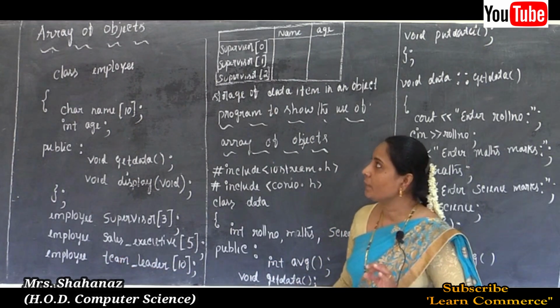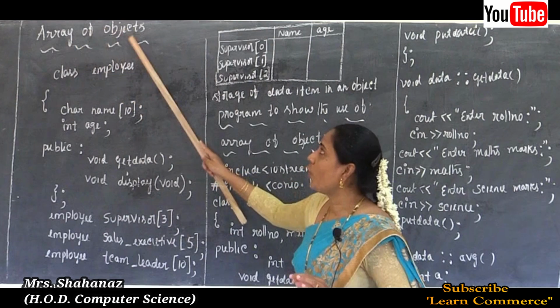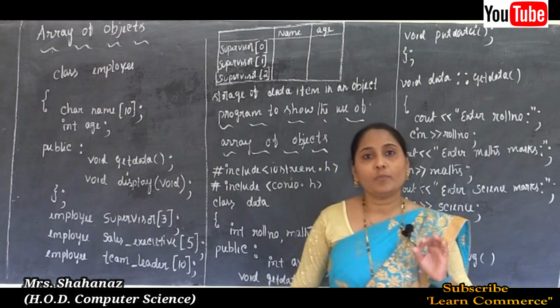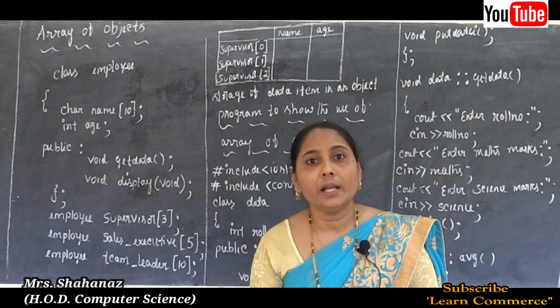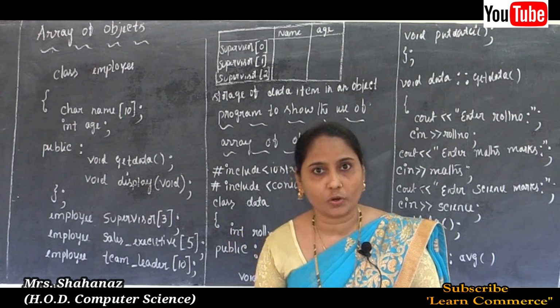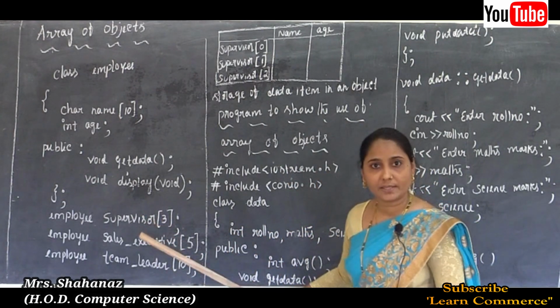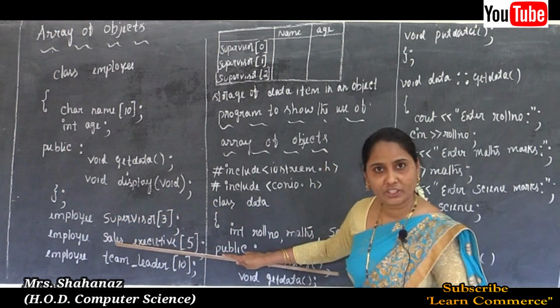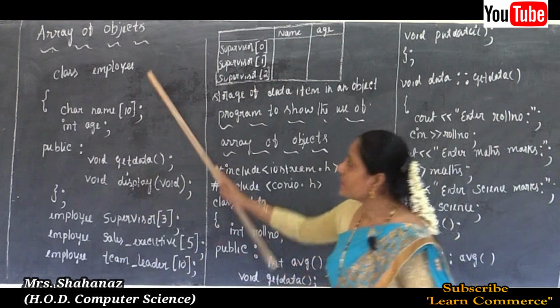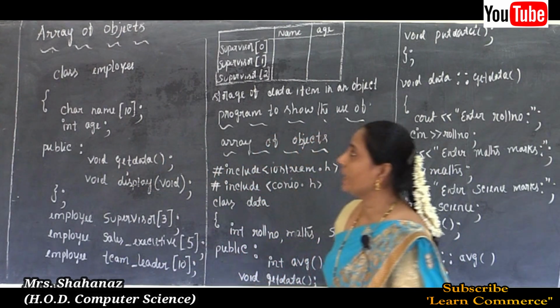This is the meaning of array of objects. An array of objects is class type elements, and such an array is declared after the class definition. Now let's see one example of the array of objects.